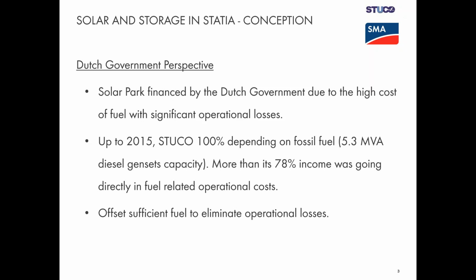And this subsidy was almost $2 million per year, as 78% of our income was going directly to pay for the fuel cost. So the Dutch government then sought a structural solution to offset the heavy cost of fuel.